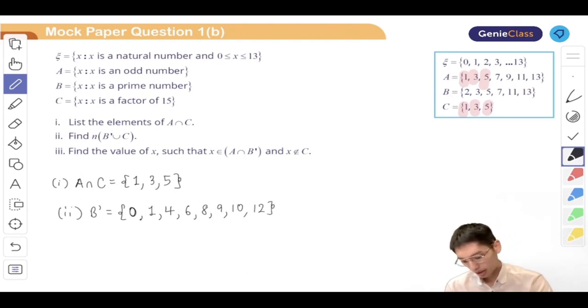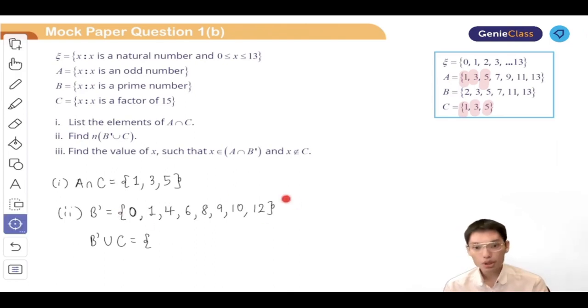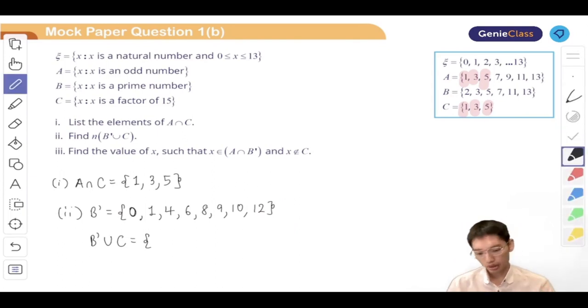Alright, now I am looking at B prime union C. So where is my B prime, and C? C is this one. So union means I consider all the possible numbers.